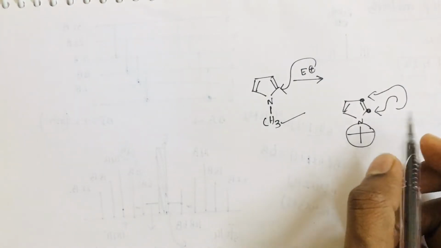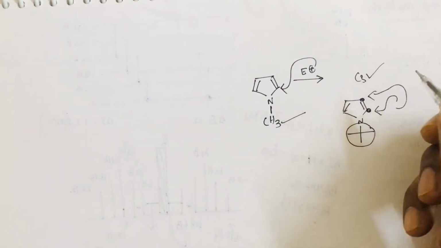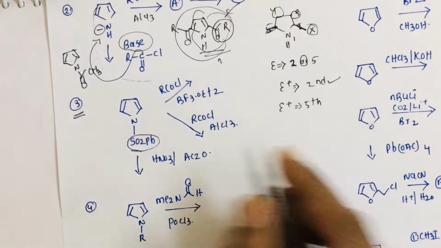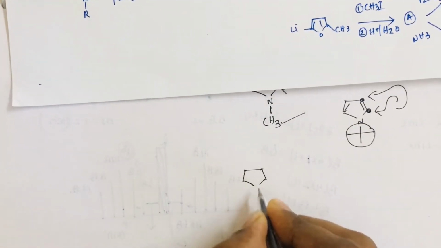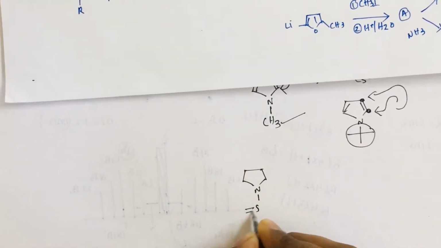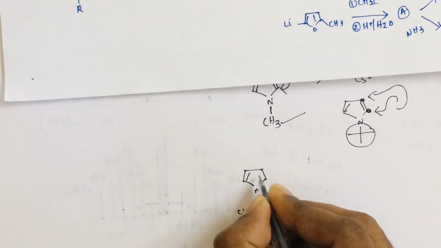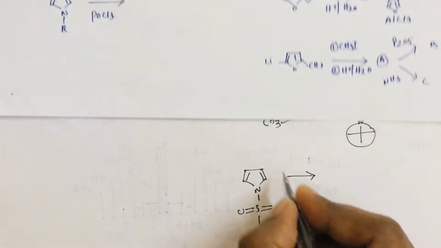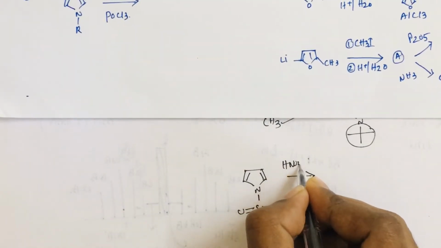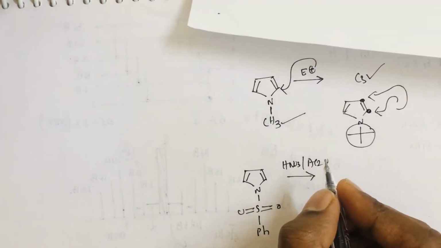N-butyl, then propyl groups, we will get C3 attack as major. And here we have SO2 and SO2Ph on N, like this. First we'll see this one, HNO3 with acetic anhydride.